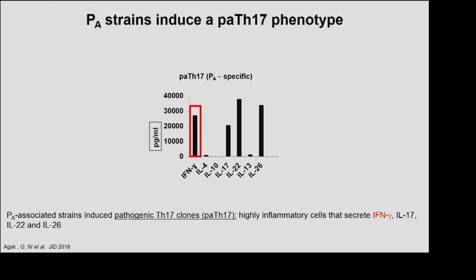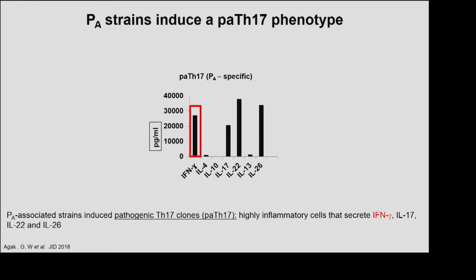All right, so for the acne-associated strains, we saw a totally different picture. Upon activation, these clones, apart from secreting the Th17 signature cytokines, are also producing interferon gamma, which is a Th1 cytokine, and it's known to have an inflammatory response.